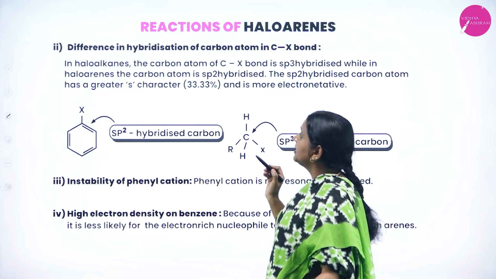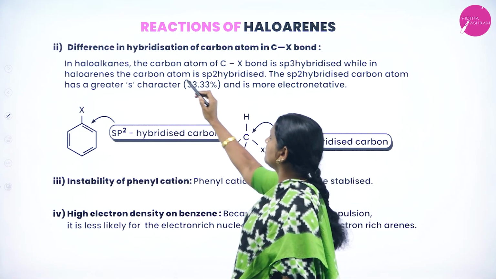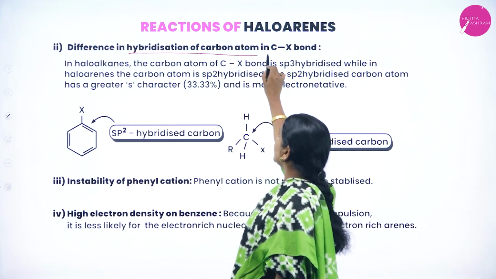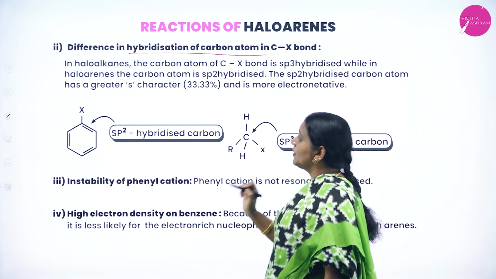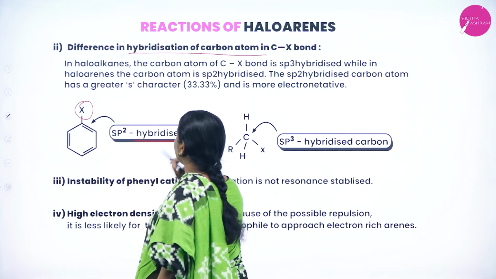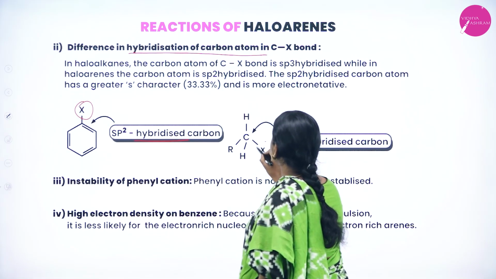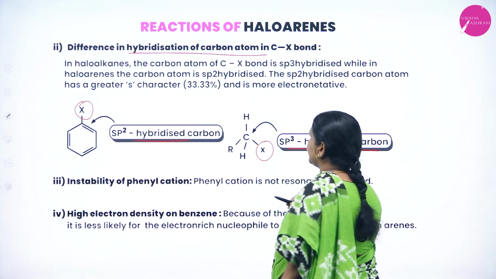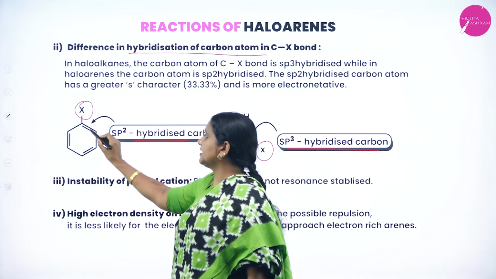One more reason: difference in hybridization of carbon atom. In aryl halide, X is attached to sp2 hybridized carbon. Here, X is attached to sp3 hybridized carbon. Why is it called sp2 hybridized carbon?